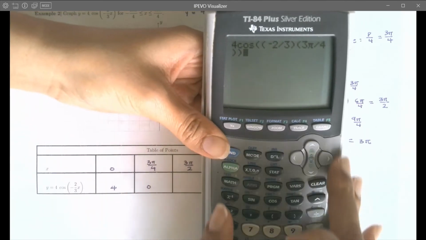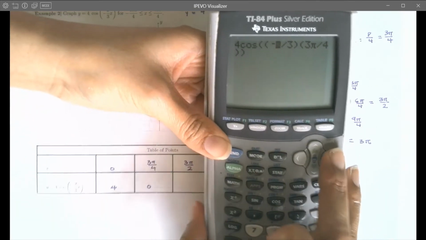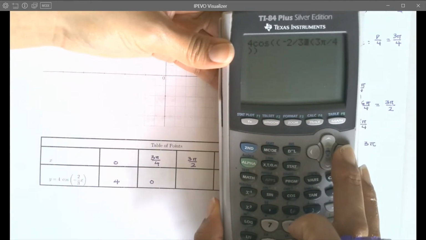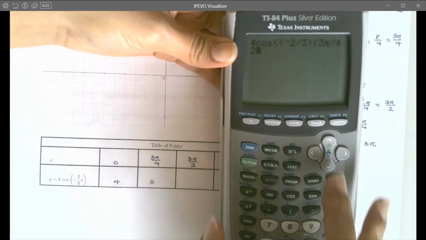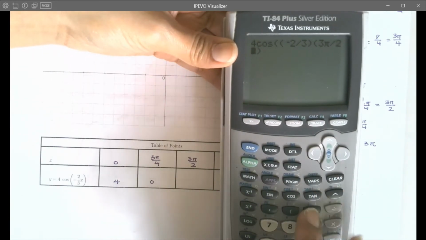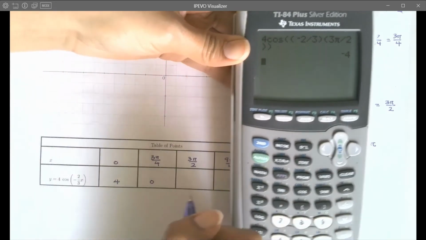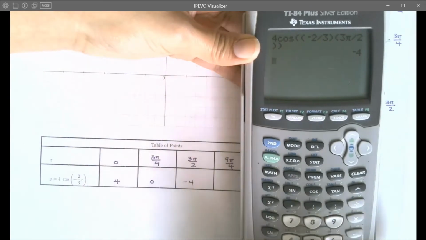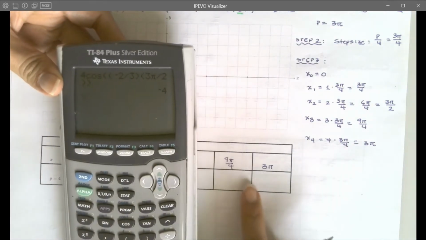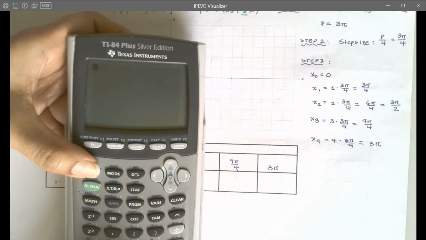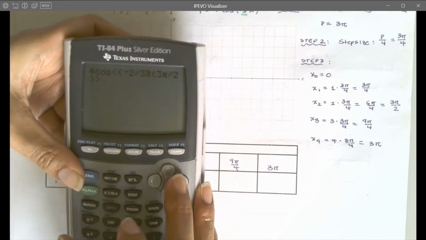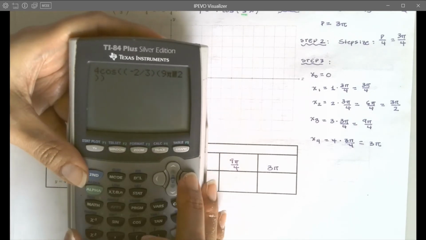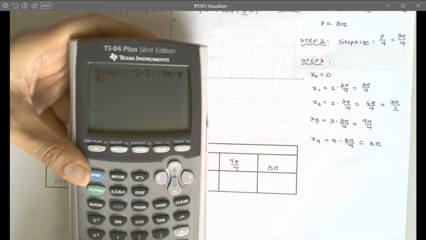Okay, repeat it. But now it's 3 pi over 2 for the next value. So instead of having 3 pi over 4, we'll have 3 pi over 2. We get negative 4. Okay, then the next one is 9 pi over 4. Okay, so I've got 9 pi over 4.